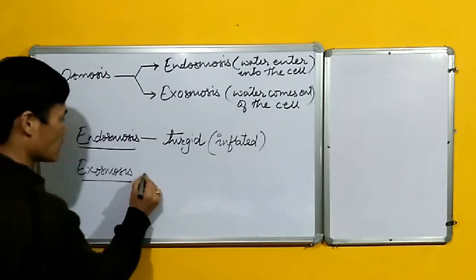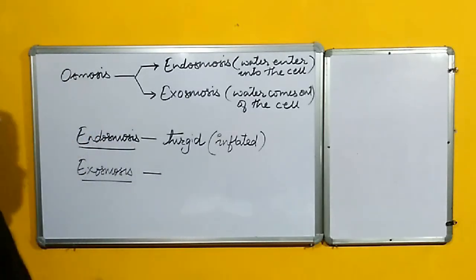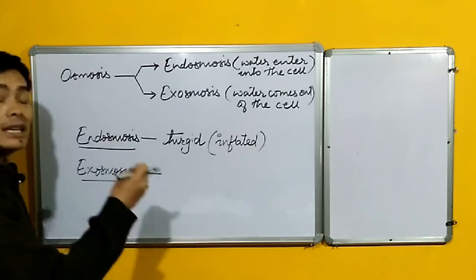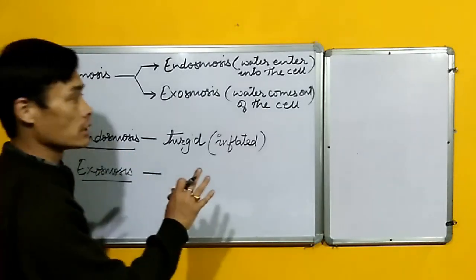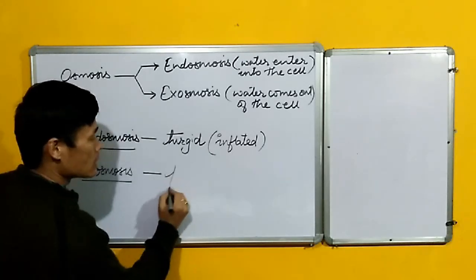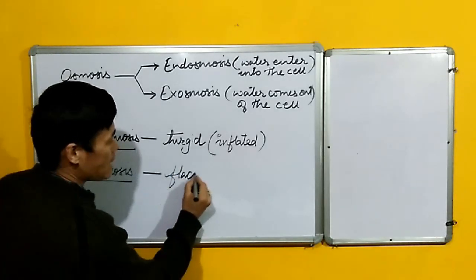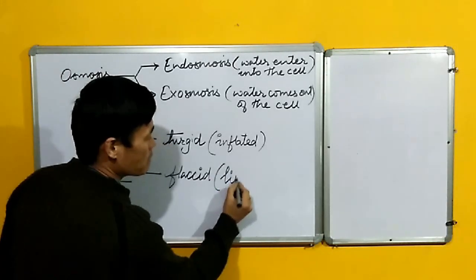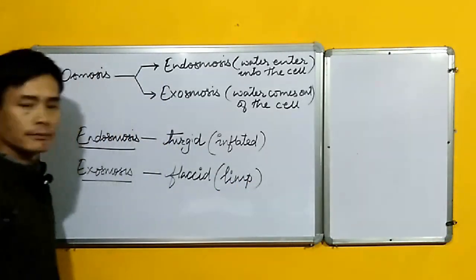Exosmosis means water comes out of the cell, and as a result the cell becomes flaccid or limp.